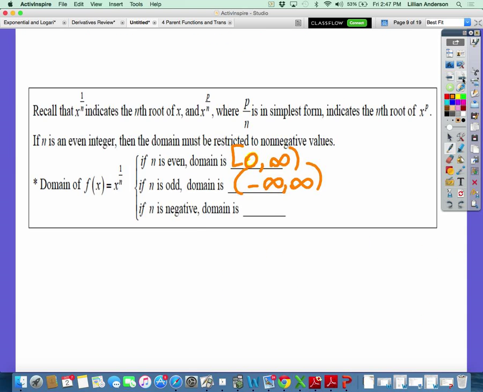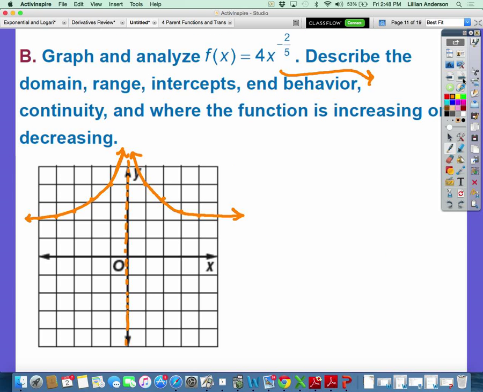So if we have a negative here, this becomes this, which means we still can't have 0 in the denominator. That's why there's an asymptote there.